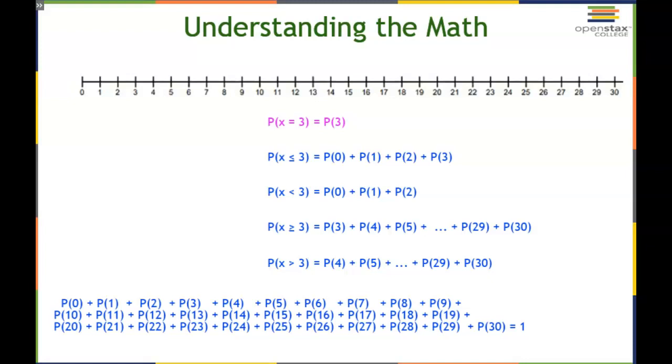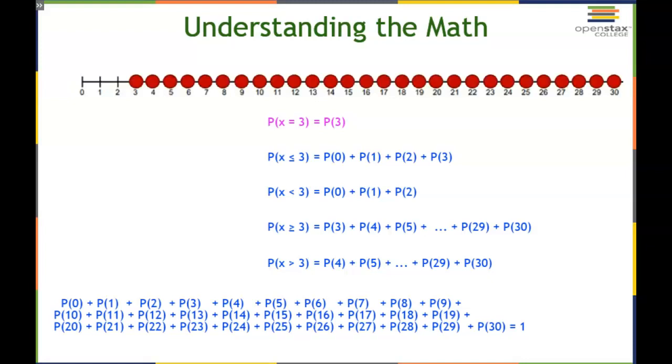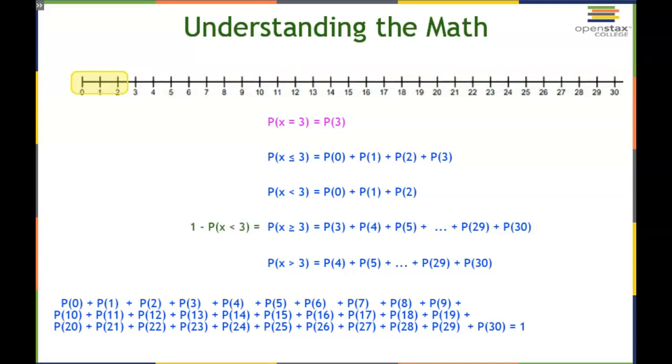If I highlight 3 through 30, what's not highlighted? 0, 1, and 2. Therefore, I just take 1 minus the probability that x is less than 3. So I cut down my number of calculations from 27 down to 3 calculations with 1 subtraction.